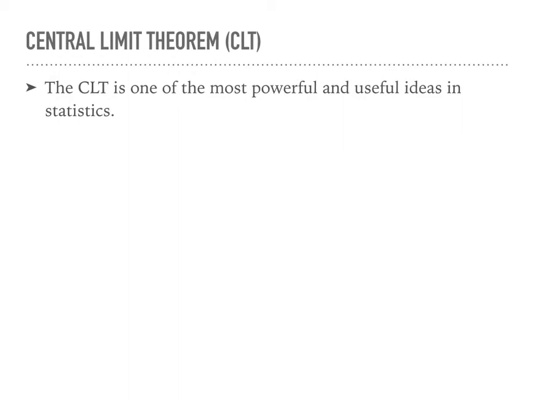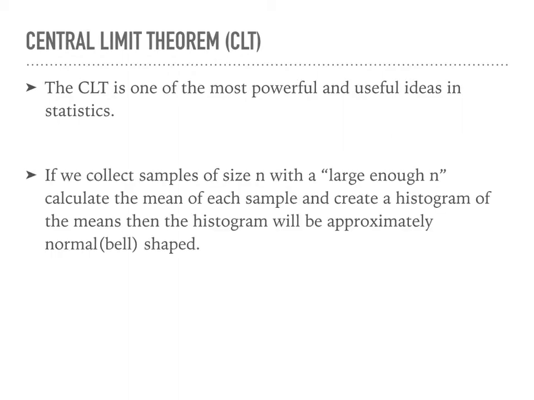The central limit theorem is one of the most powerful and useful ideas in statistics. It states that if we collect samples of size n with a large enough n, we calculate the mean of each sample and create a histogram of these sample means, then the histogram will be approximately normal or bell-shaped.